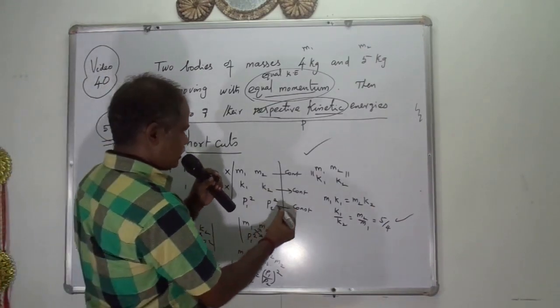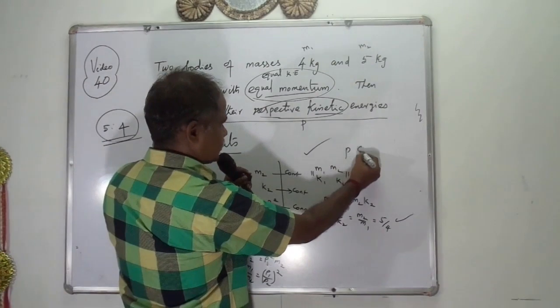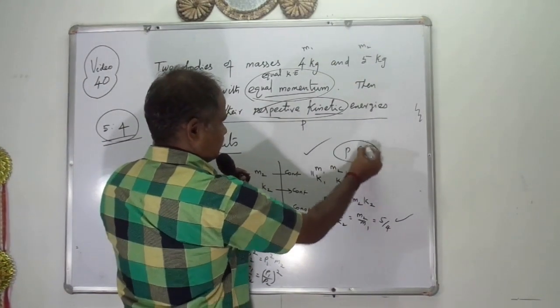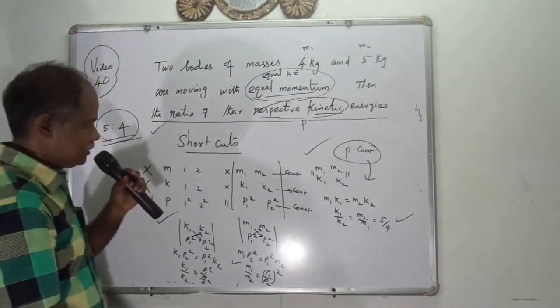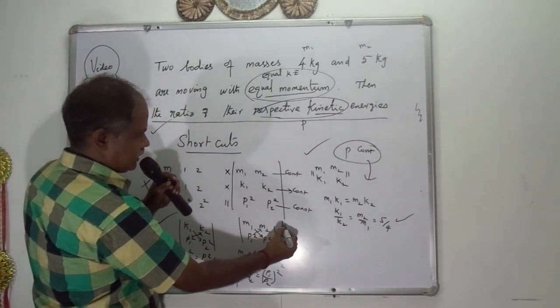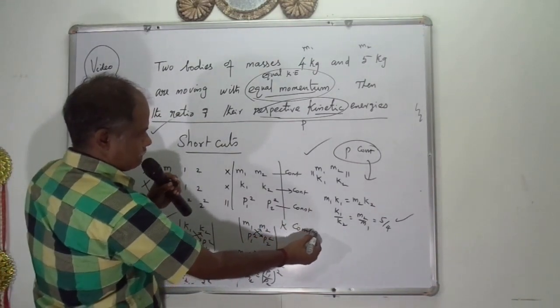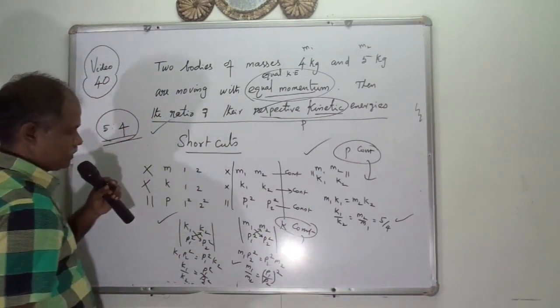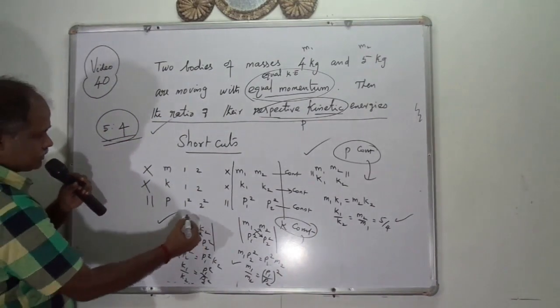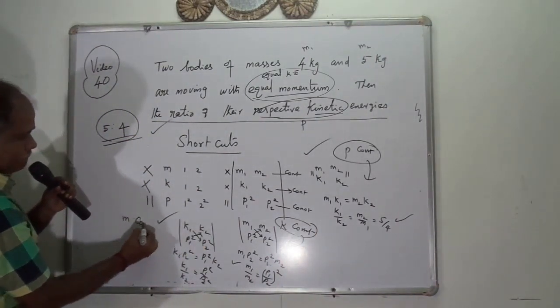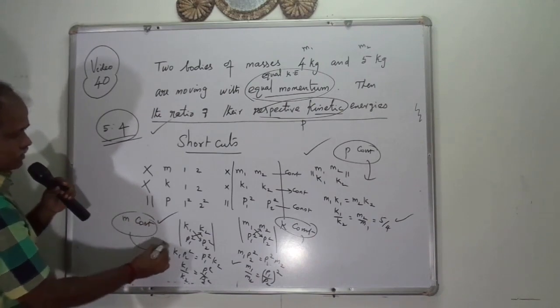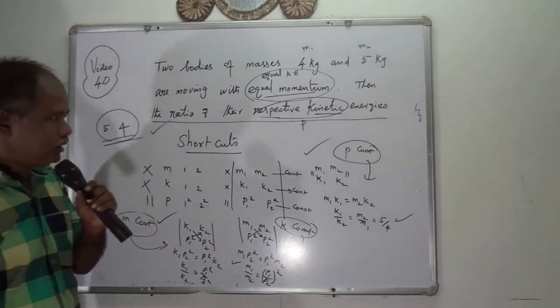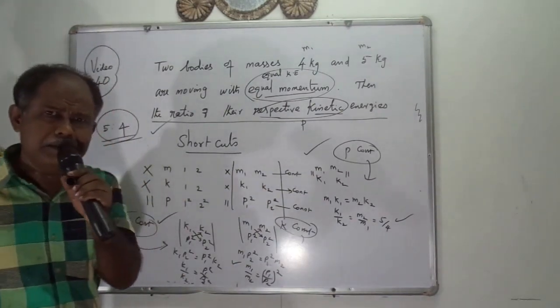This is for when momentum is constant. This calculation is for when kinetic energy is constant. And this calculation is for when mass is constant. All these things are very simple calculations.